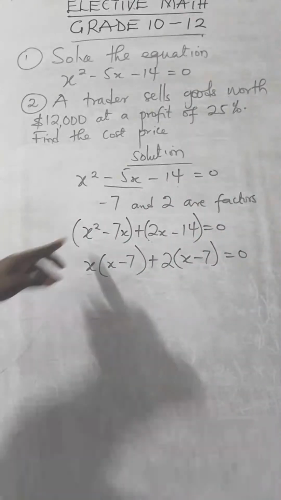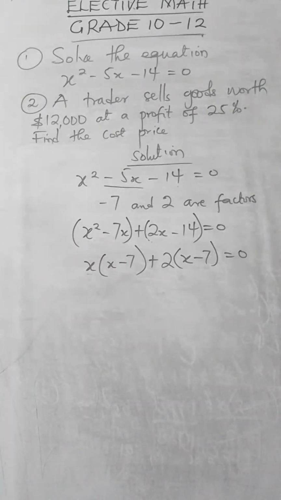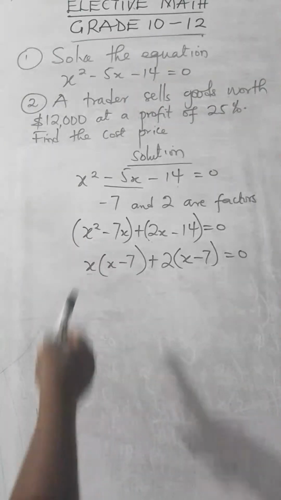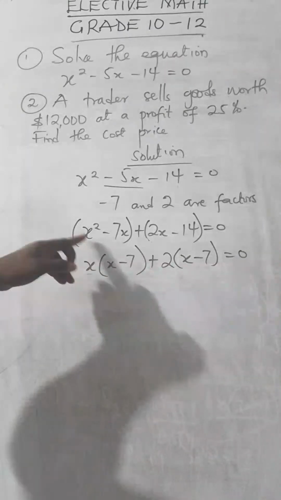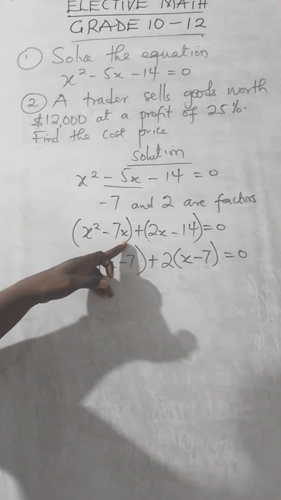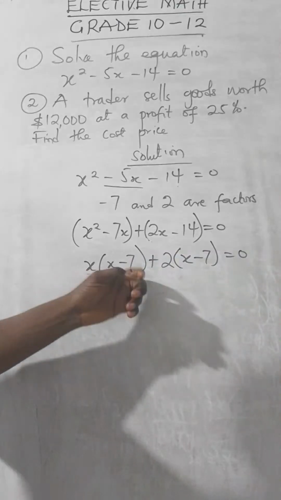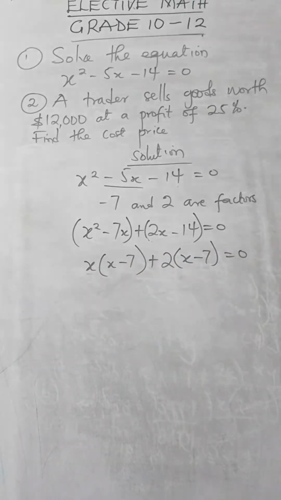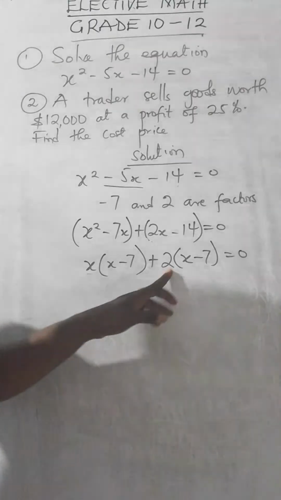So minus 7x, then 2x minus the 14. You group it 2, 2. X is common here, so if x is taken out, you have x left here, then 7. Then the highest common factor of 2 and 14 is 2.